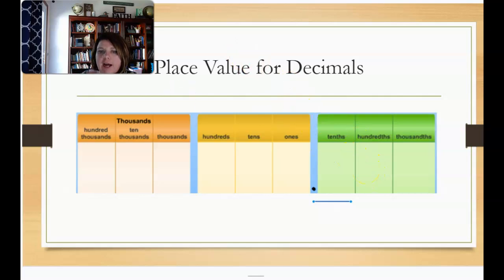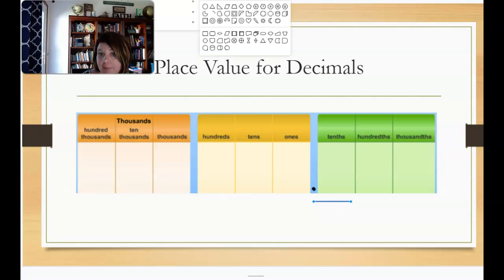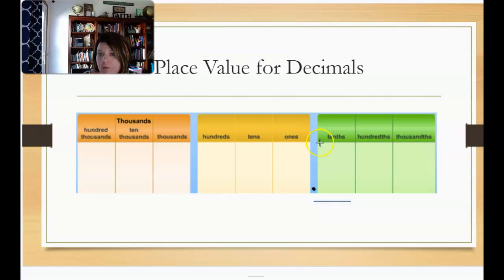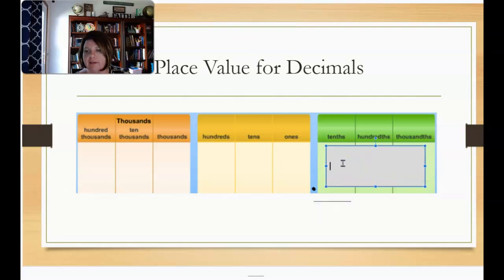the less those values are worth. So if I have, let's say, a dime, I'm going to put just a little shape in here. So if I have maybe 2 dimes, I would put a 2 in the tenths place.